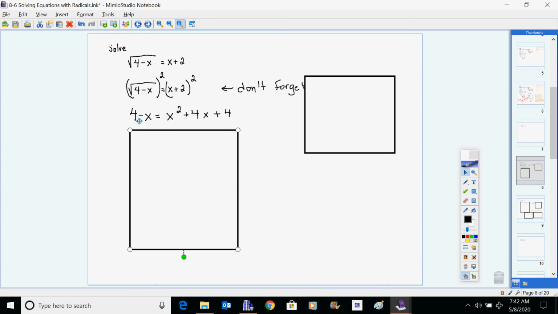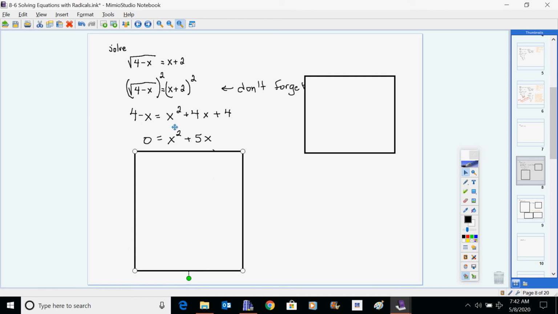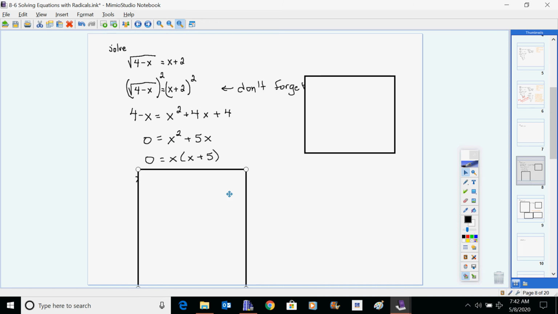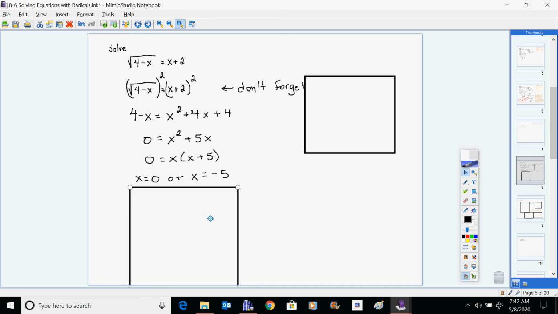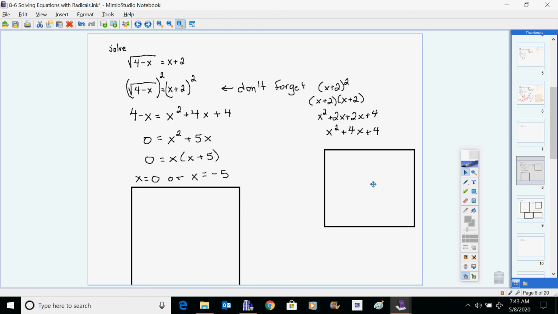We then need to subtract 4 and add x to both sides. When I subtract 4, the 4 disappears, and then I add x, we get 5x. And I want to solve this. I can simply factor out the x here. So we have two possibilities. We have x equals 0 or x equals 5.